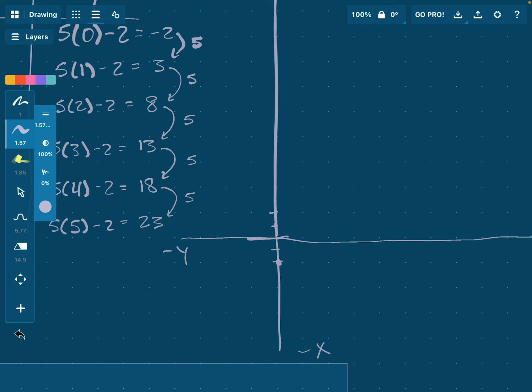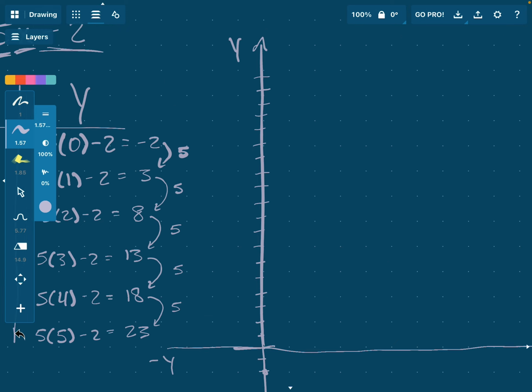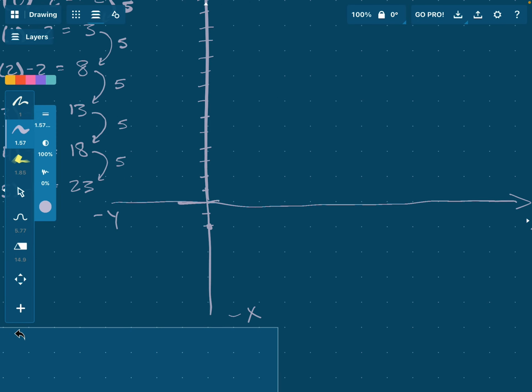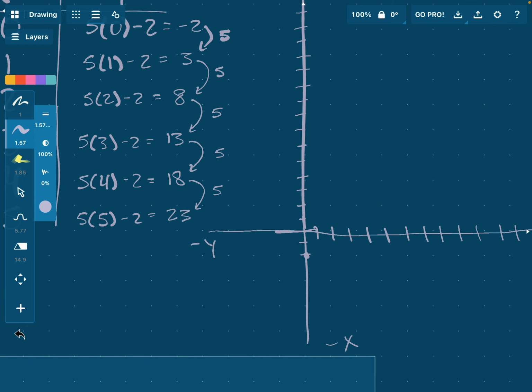Okay, and let's go ahead and make some marks all the way up, just so that we can plot these slightly easier. Should be enough. And then same thing over here. We're just going to plot a bunch of points onto our graph. So when x is 0, y is -2.